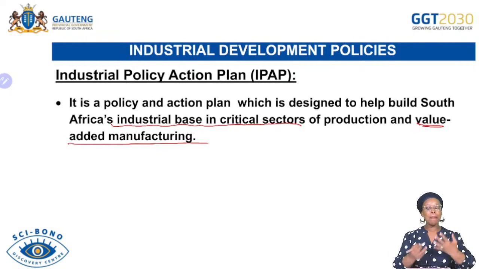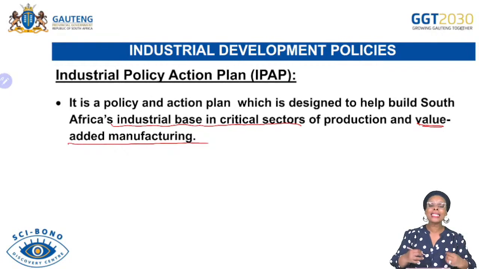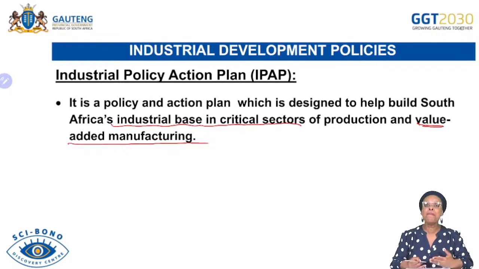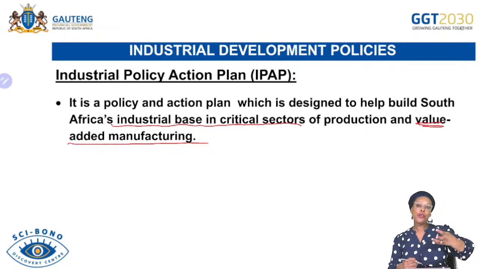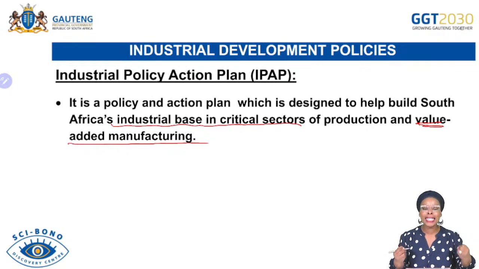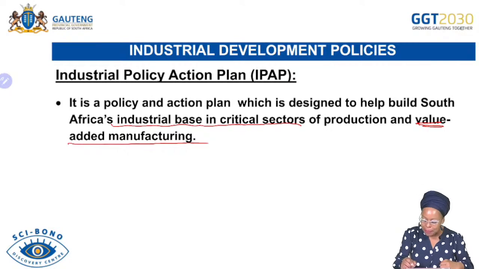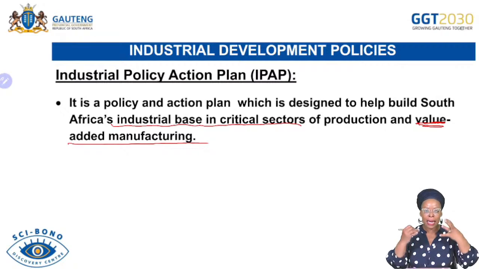Remember what I mentioned about countries which rely mainly on agriculture and mining, but with IPAP the focus is on value added manufacturing. If you change grapes into wine or grapes into 100% juice, that means you have added value. If you change sand into glass, you have added value to the natural resource. So this is what IPAP wants to achieve in the long run.